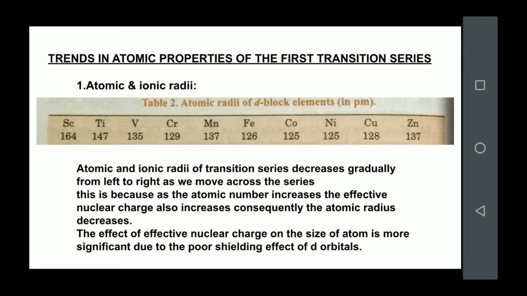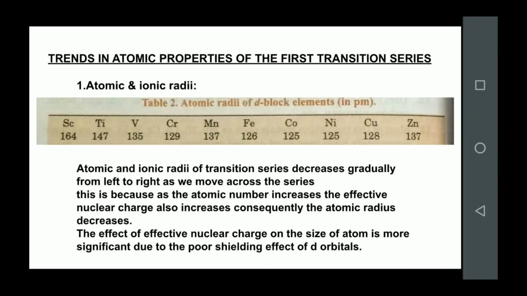If you want to find the effective nuclear charge experienced by an electron in a particular shell, you can calculate it easily with the formula. But in general, keep in mind it is the force of electrostatic attraction between the central nucleus and the negatively charged electron, and this attraction depends upon which shell your electron is present in.